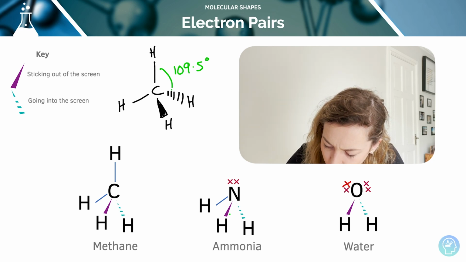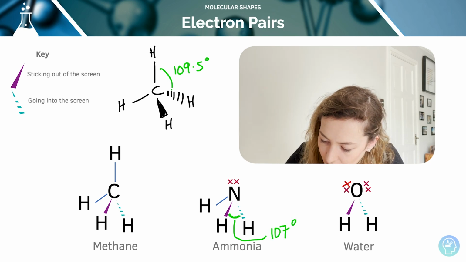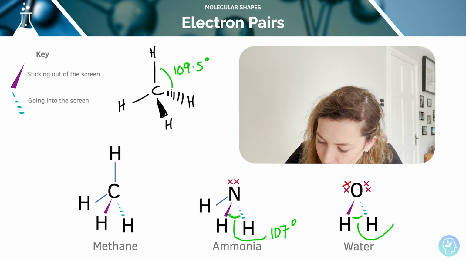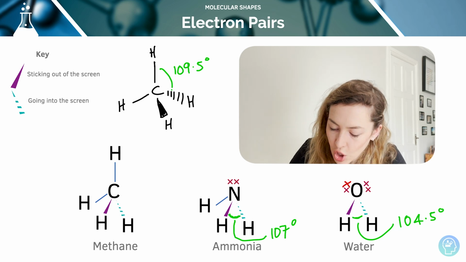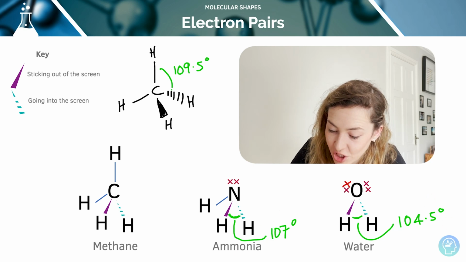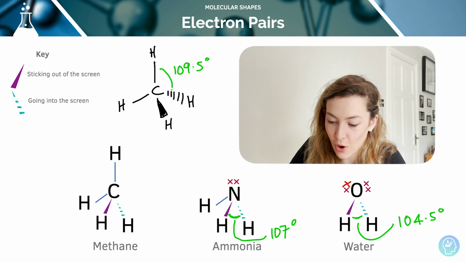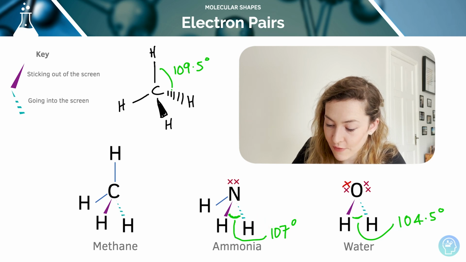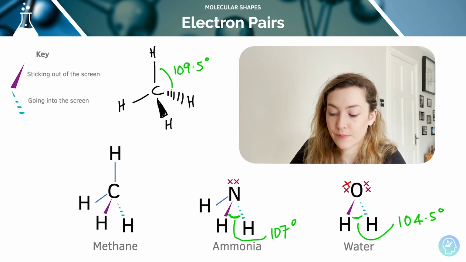Each of these bond angles here, specifically this bond angle, is going to be 107 degrees. And each of these bond angles here, gosh, it's very squidged down. I'll draw these a bit more clearly later, 104.5 degrees. So you can see as the number of lone pairs increases, this bond angle is reducing, and it's actually reducing by a fixed number. You might notice reduced by 2.5, reduced by 2.5.